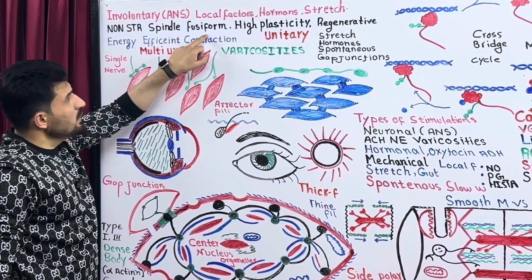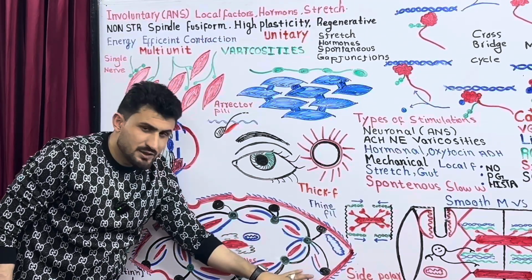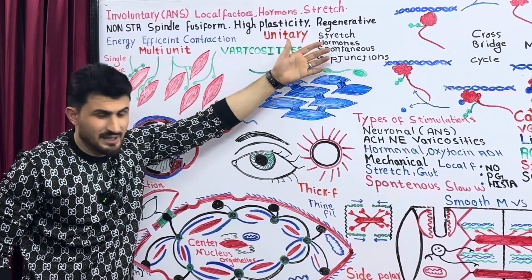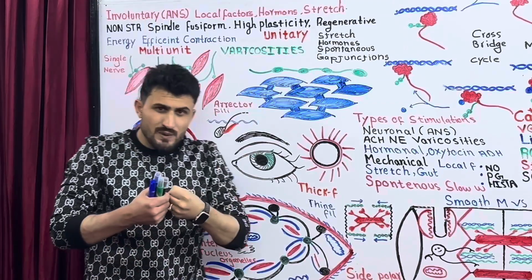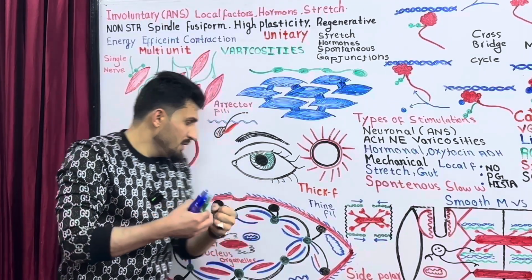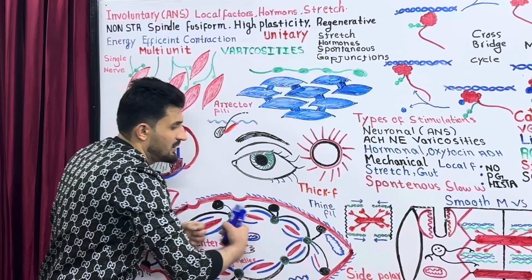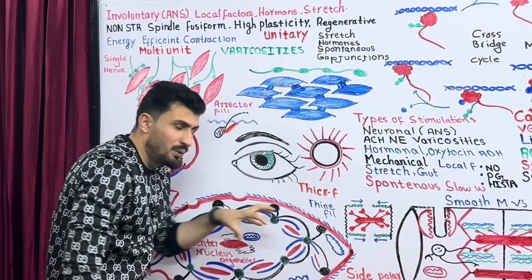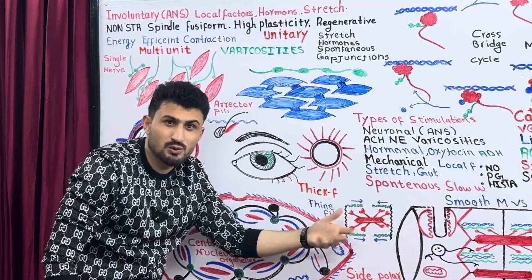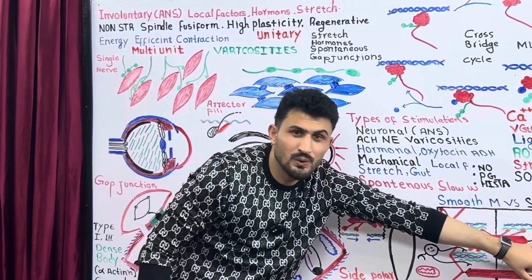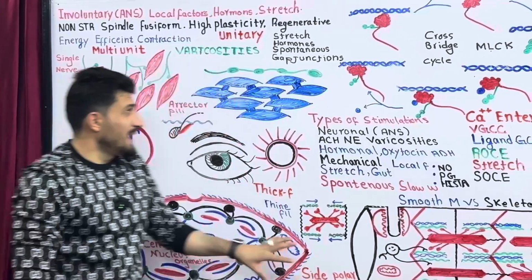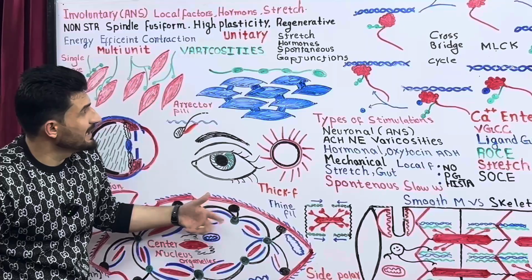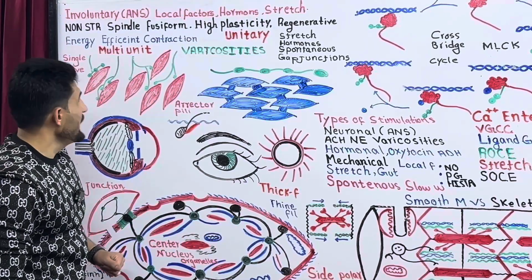Also, smooth muscle has high plasticity or elasticity. It means when we stretch it, it stretches easily and comes back to its original structure once again, so easily compared to skeletal muscles. That's why they have a more elastic structure.